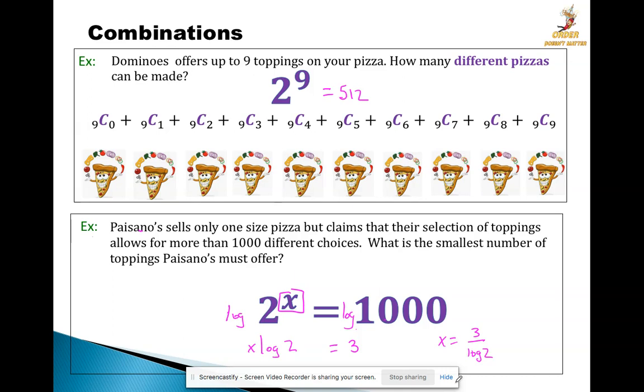More than 9. As I expected it to be, it's almost 10, but not quite. So if I'm dealing with toppings, I would say I'd have to have 10 toppings. And again, I could have done that by guess and check. Also, 10 to the 10th is 1,024, which is more than 1,000.